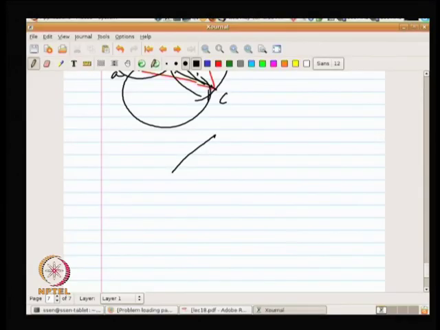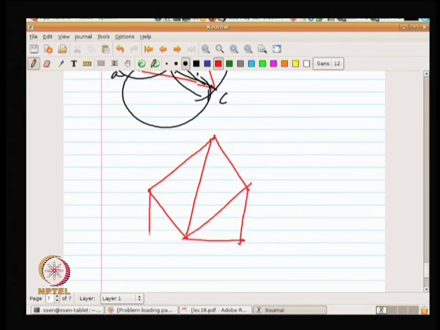So at some point the diagram may look like this. Maybe these are the points already added, and this defines the Delaunay triangulation, and these are the points that have not been added yet. The next point to be added may be lying in here.